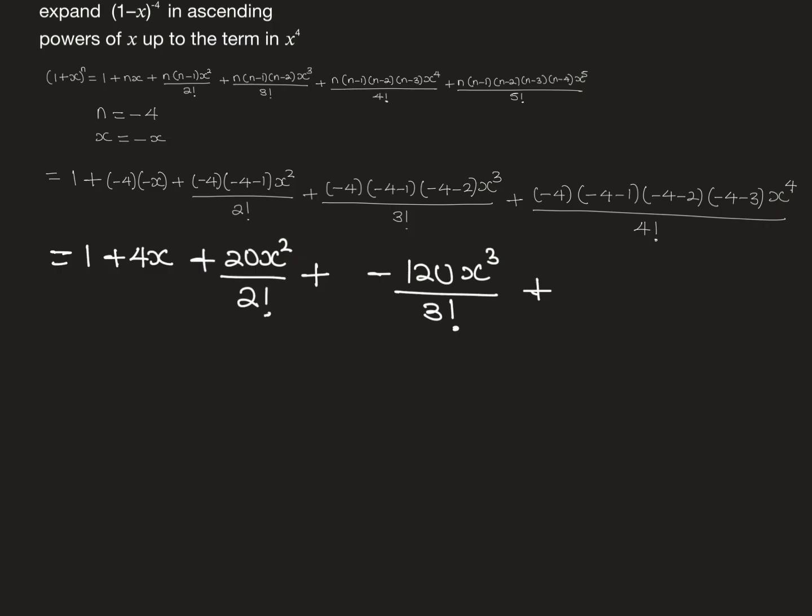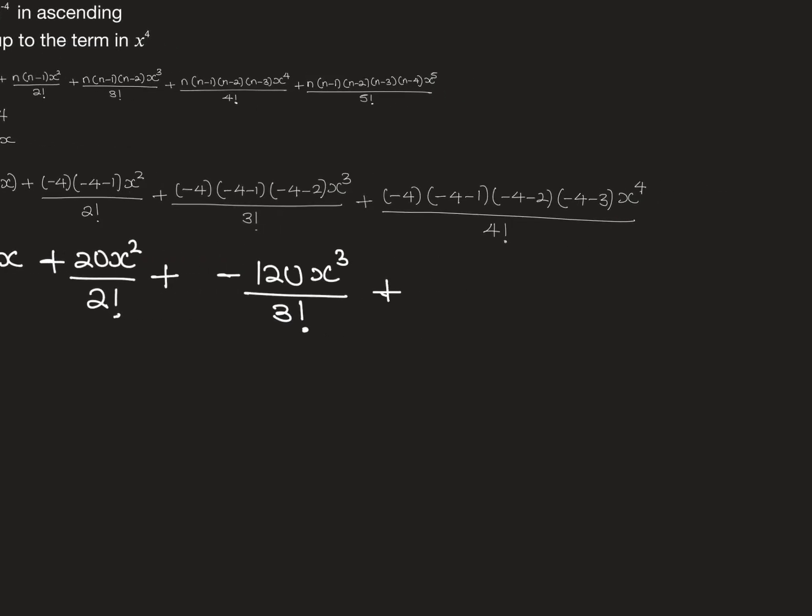Then plus, if you have minus 4 into minus 4 minus 1 into minus 4 minus 2 into minus 4 minus 3, we're going to have a positive 840. So that will be x to the power 4 all over 4 factorial.